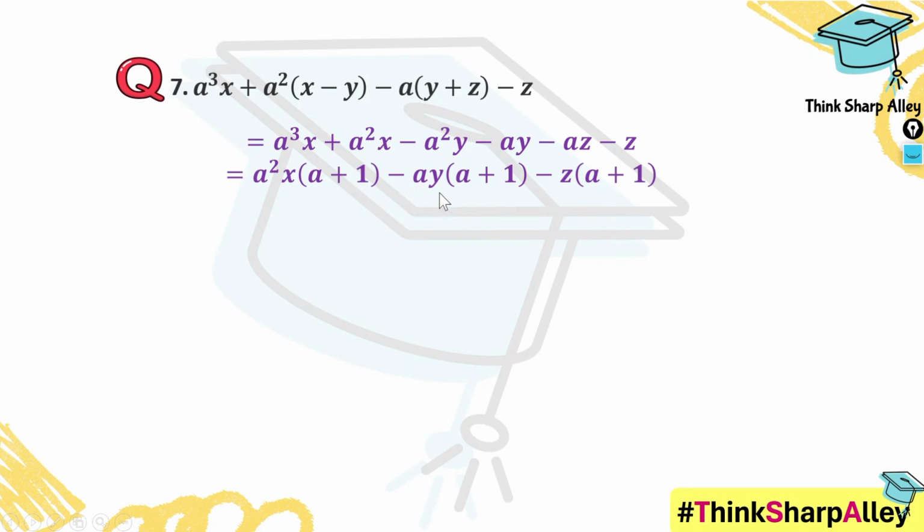So whenever we take minus common, inside the bracket the sign changes. Once again from here we have taken z common, so we are left with a, again plus and 1. So now we have a common factor from each of these groups, which is (a plus 1). So let's take it outside and write the remaining terms in a separate bracket. Now this is our final answer.